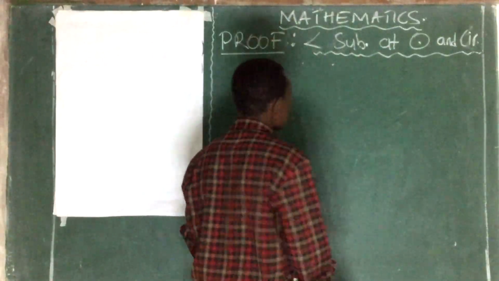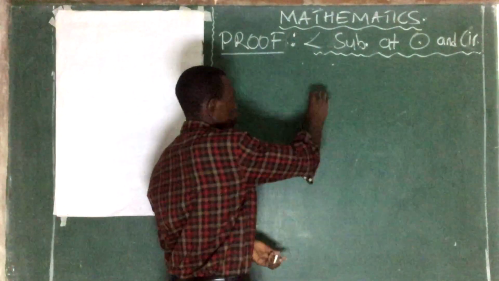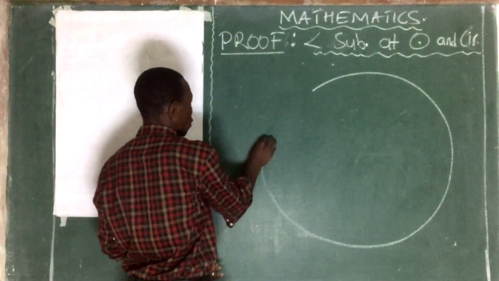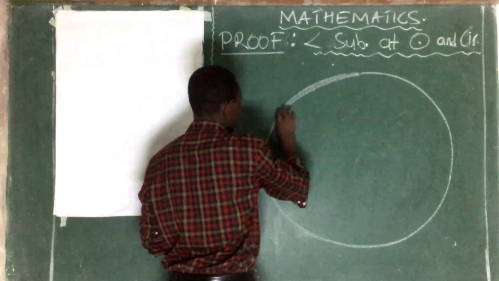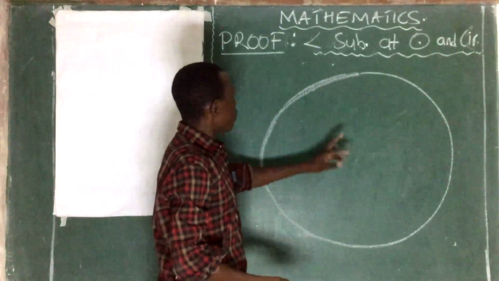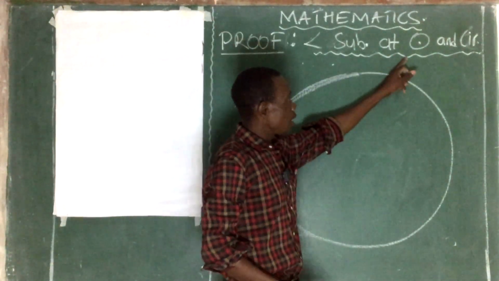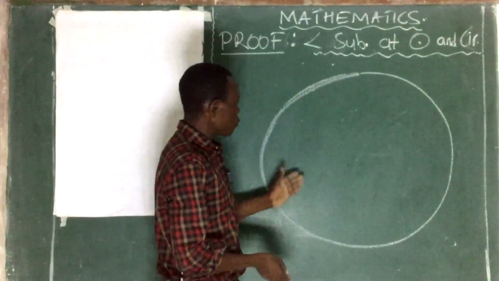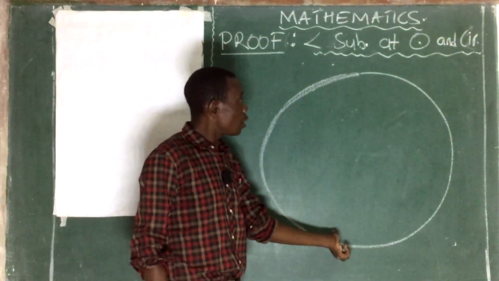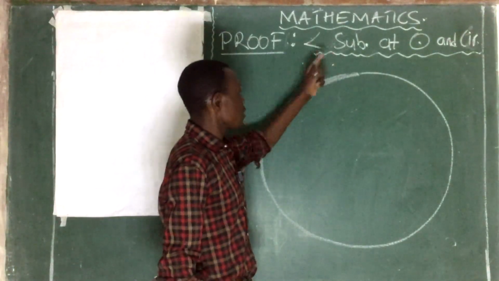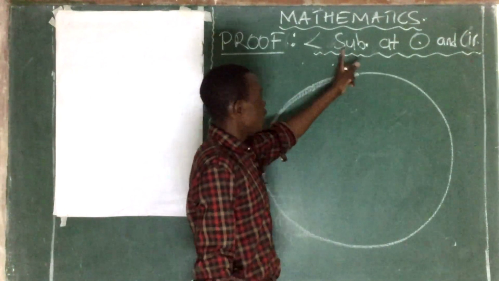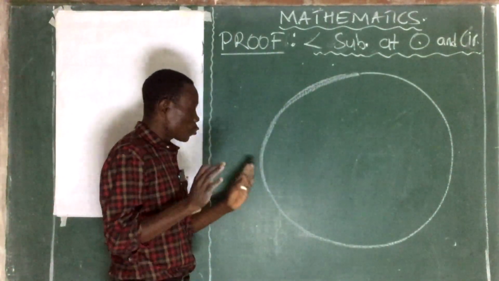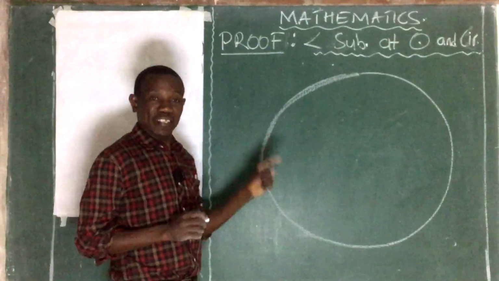Our diagram will demand us to draw a circle which will look something like this. The property talks about the angle subtended at the center related to the angle subtended at the circumference. So I'll show in my sketch a circle. When we talk of the angle subtended at the center, we are referring to the angle that is produced by an arc at the center.